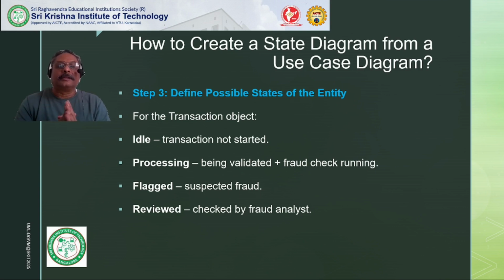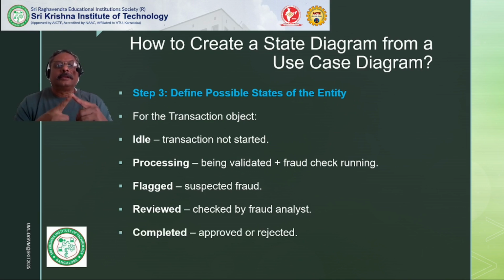The fraud analyst will give the response, and that's what the reviewed state is. And finally, if the transaction is a good one, not a fraud one, then it is approved. If the transaction is fraud, then it is rejected. So finally it goes into the completed state.